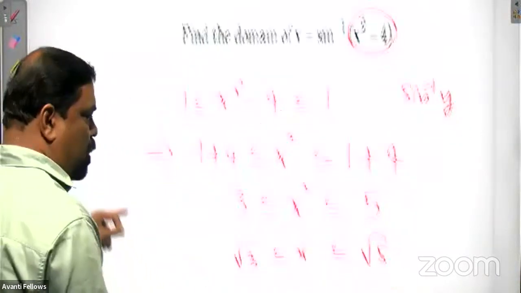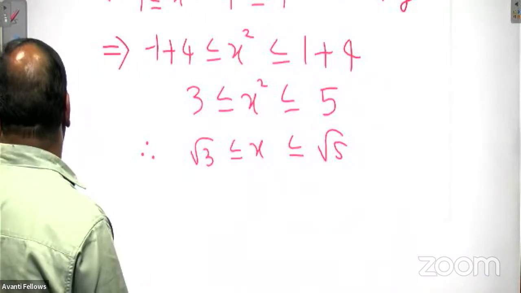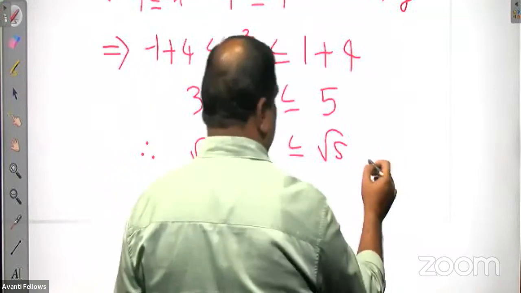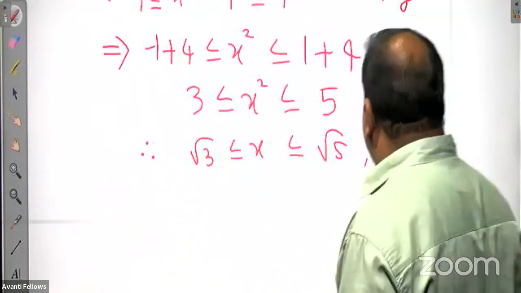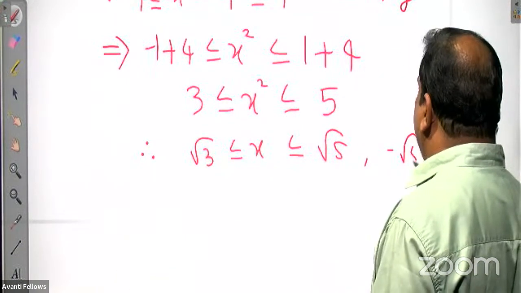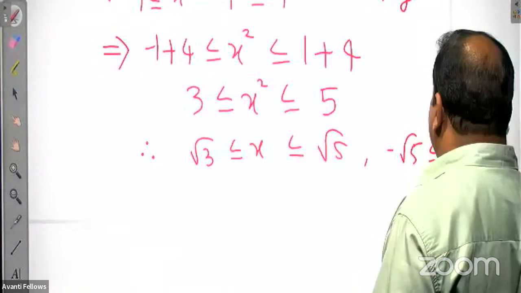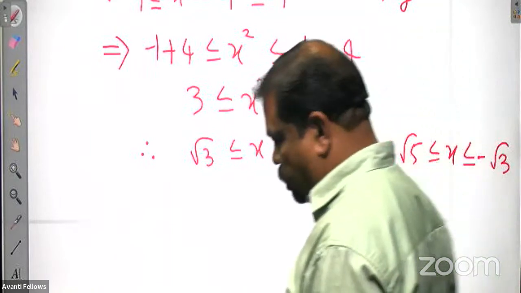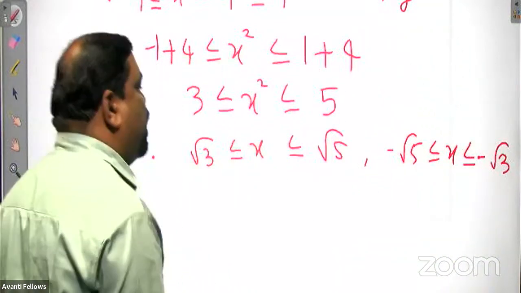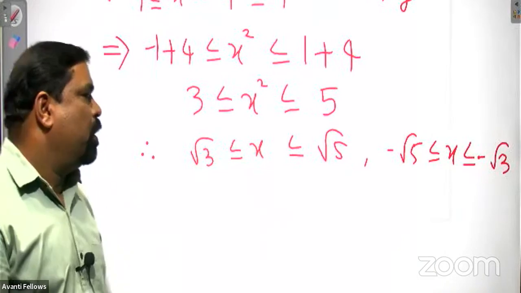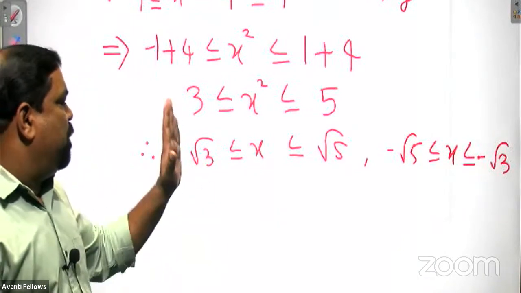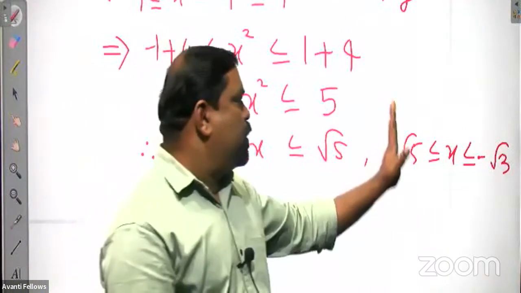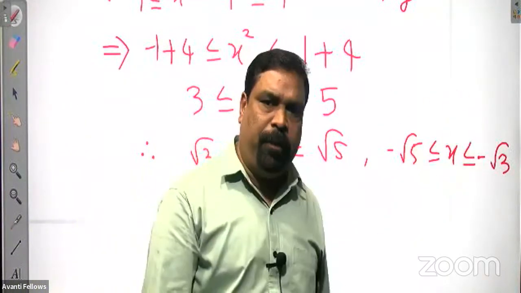Not only this interval, the other range is -√5 less than or equal to x less than or equal to -√3. For x, you will get two intervals actually. X can be in between √3 and √5 and also in between -√5 and -√3.